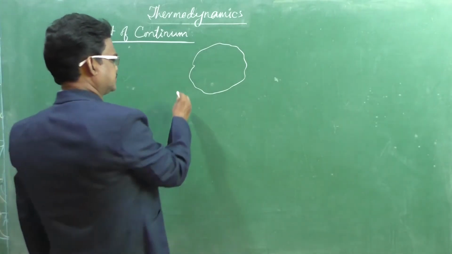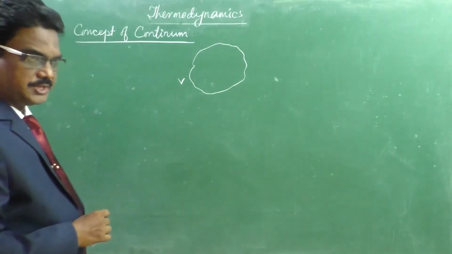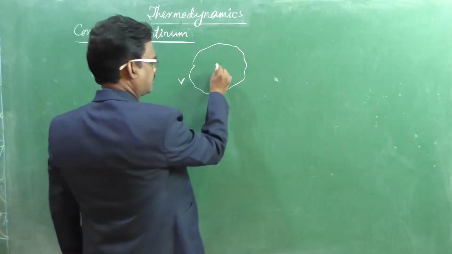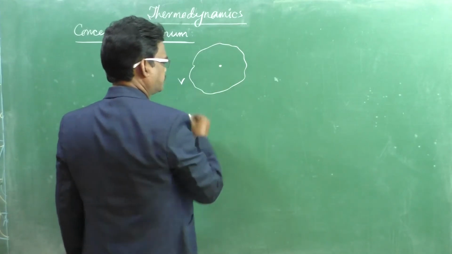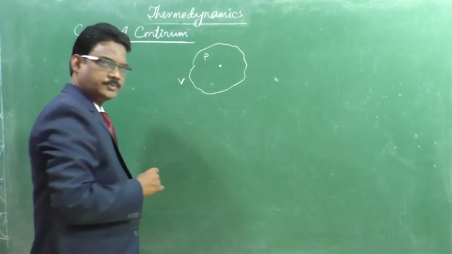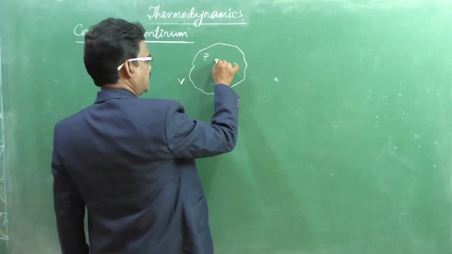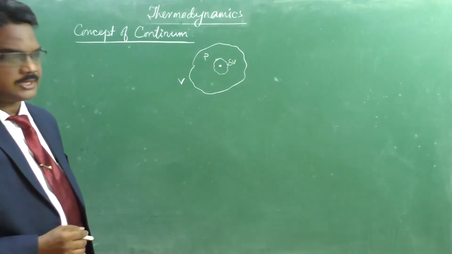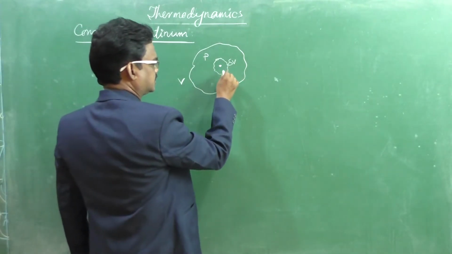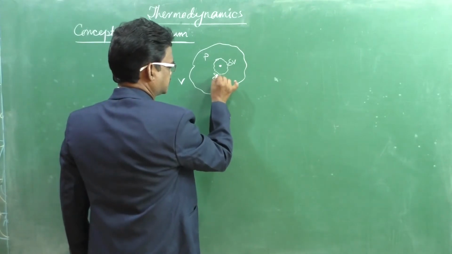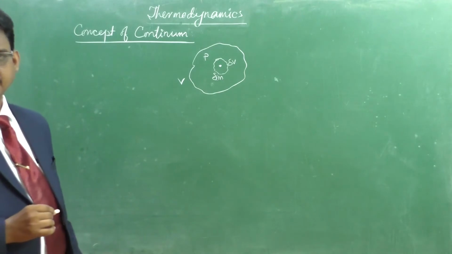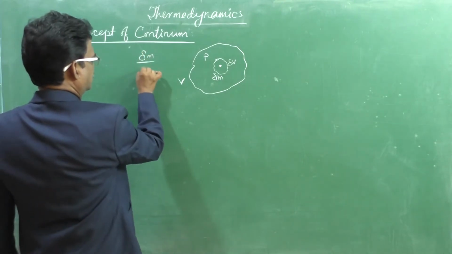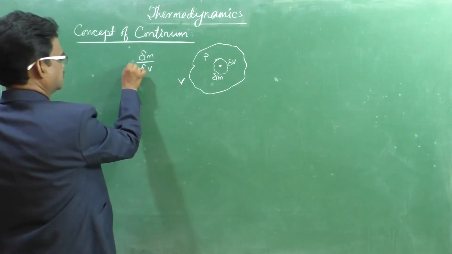Let us assume this system volume is V, and it has mass M. Inside the system I want to consider a point P. Around the point I want to consider a small volume of delta V, and inside the small volume it has mass of delta M. Now delta M by delta V gives us the density.